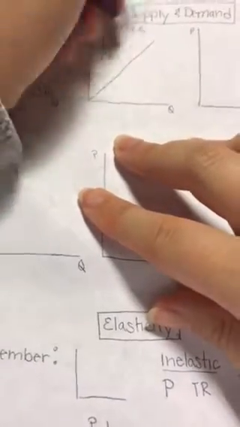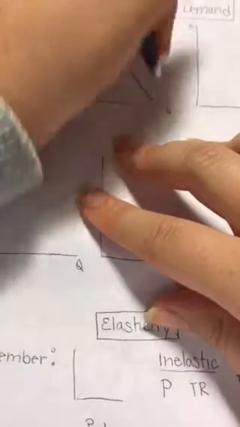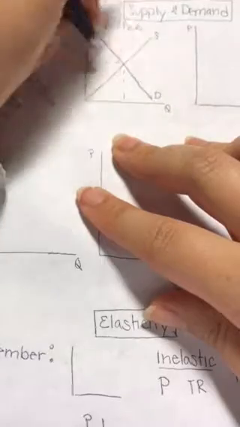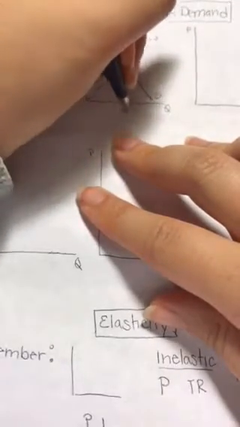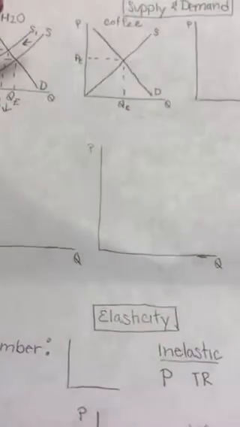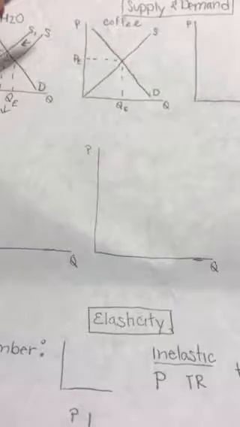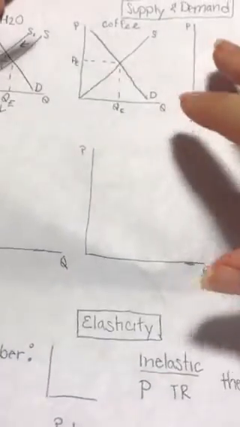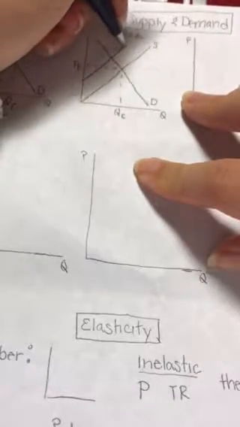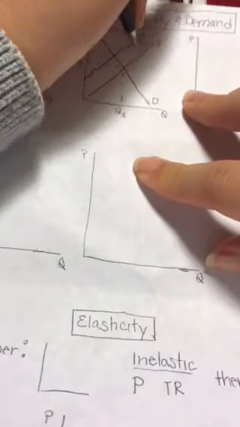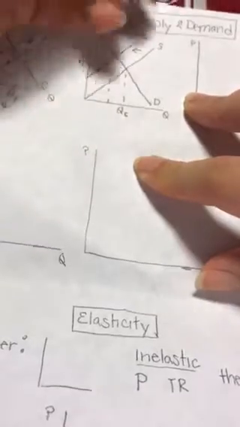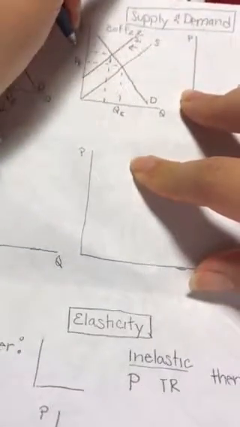So I'm going to go ahead and just draw supply and demand one more time. And always labeling. All right, if we have a decrease in the supply of water, which is a resource for coffee, then we're going to have, let's say, a decrease in the supply of coffee because it is a product, and they will no longer be able to produce coffee because it grows with water.